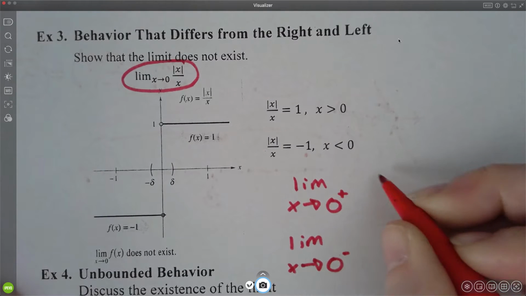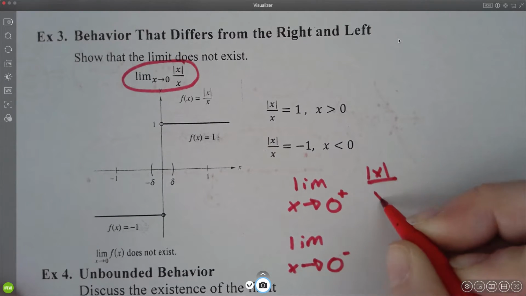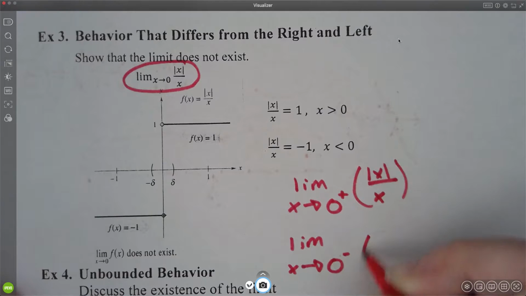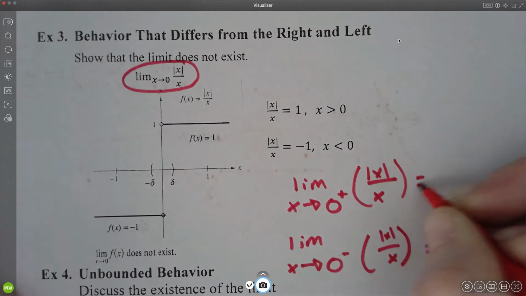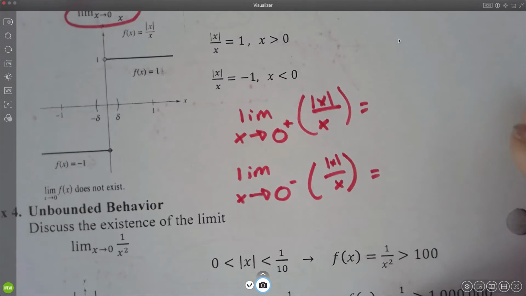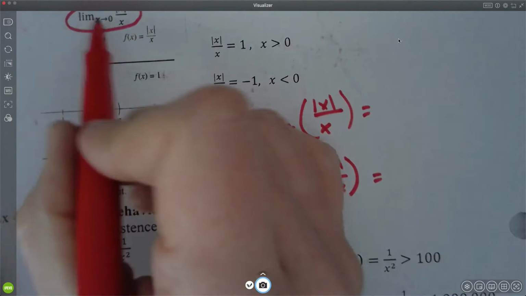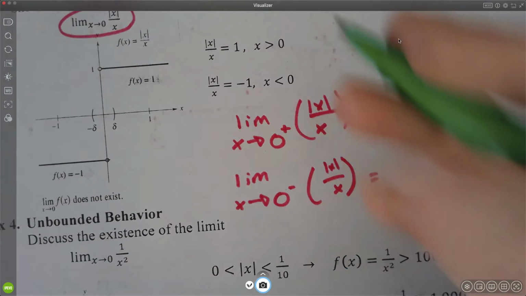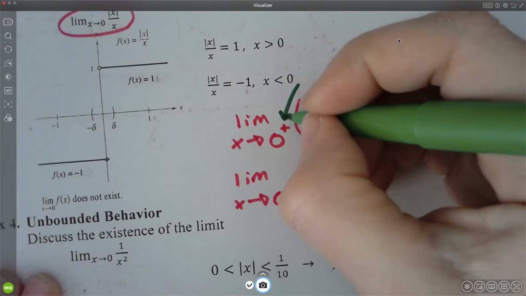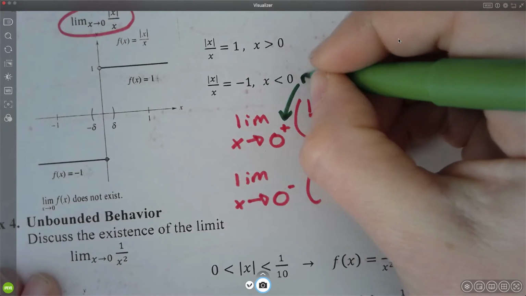Absolute value of x over x is my function, and the same for the other one. So we're going to look at 2 different scenarios rather than the whole thing. This one means from the right. When it's 0 plus, that means on the plus side of 0, which means on the right side of 0.